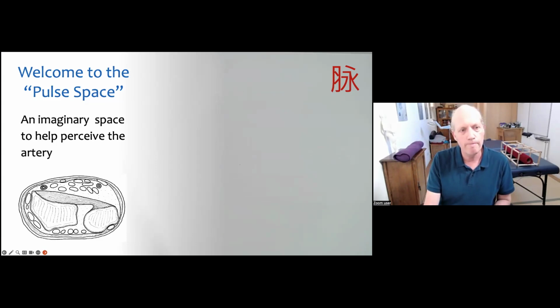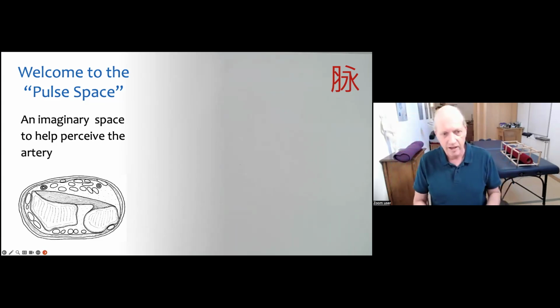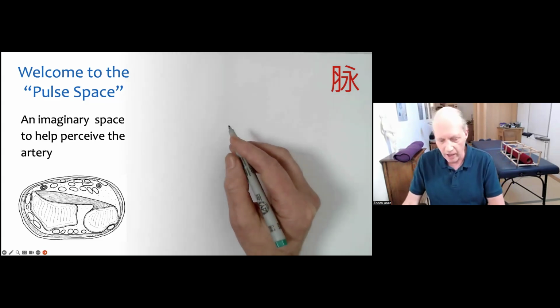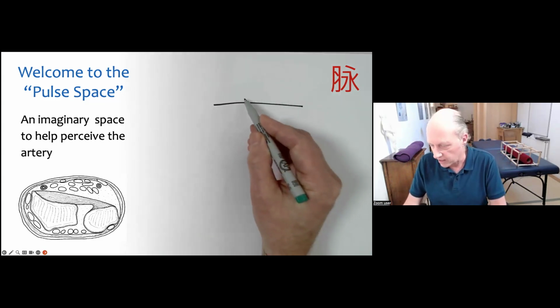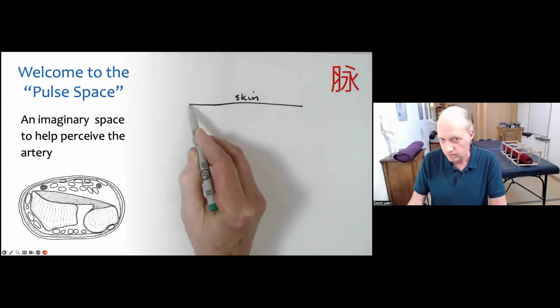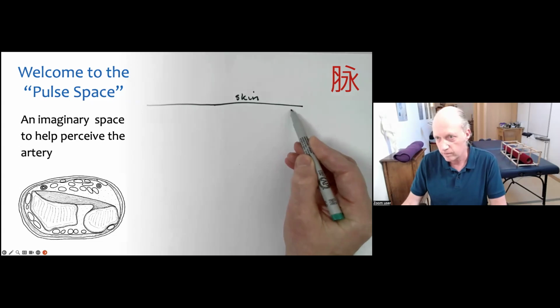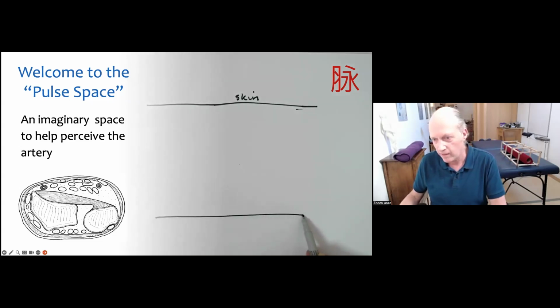So, as I mentioned, this whole space is a useful idea. So we have the skin at the top and the bone at the bottom of the space it could be in.